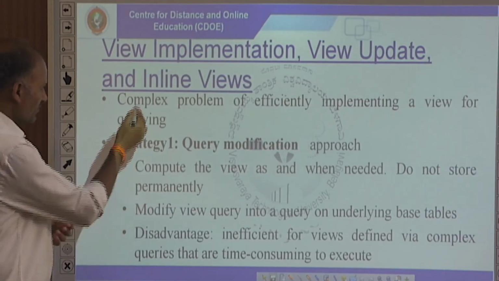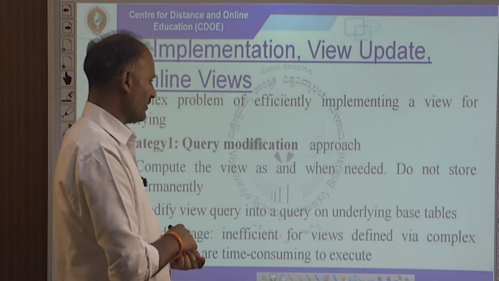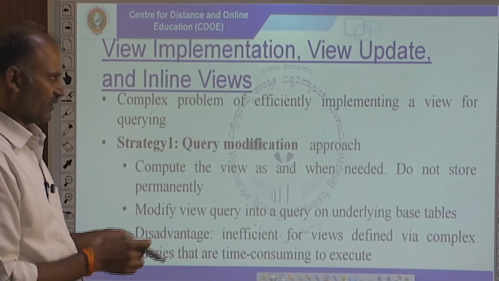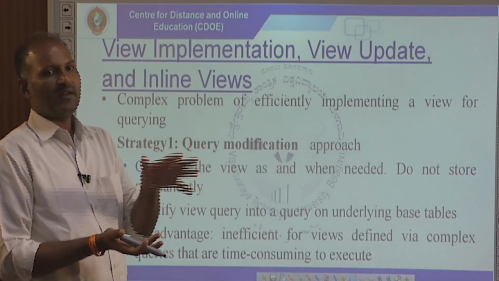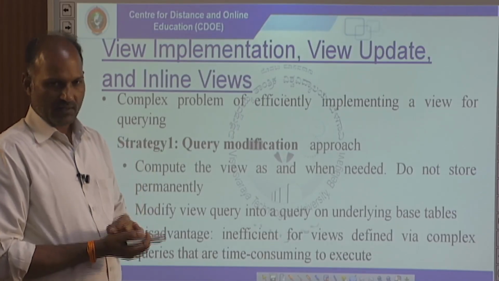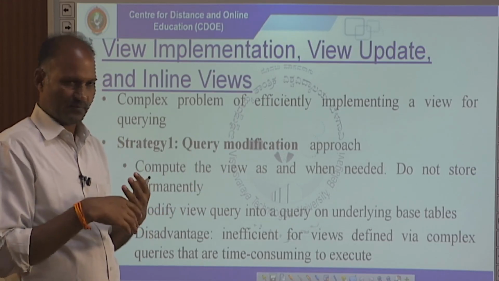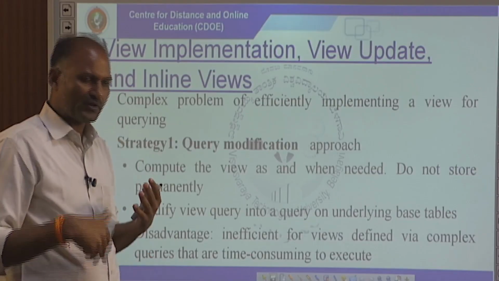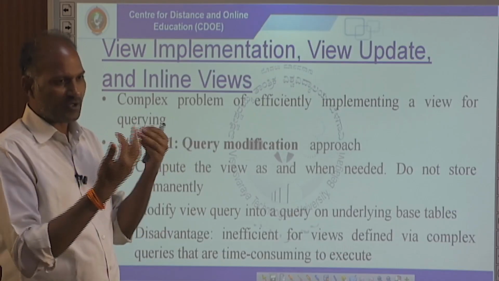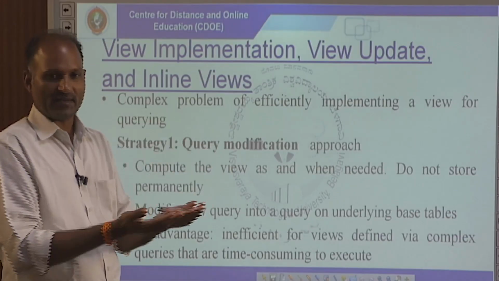The drawback of using views this way is that it is inefficient for views defined via complex queries that are time consuming. When you have millions of records and have not written the query properly, maybe due to some network problem or because the query is not efficient, the time taken by the query may be more, or sometimes it may even go infinite.